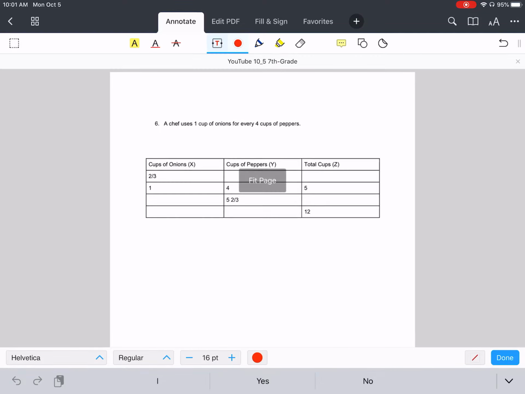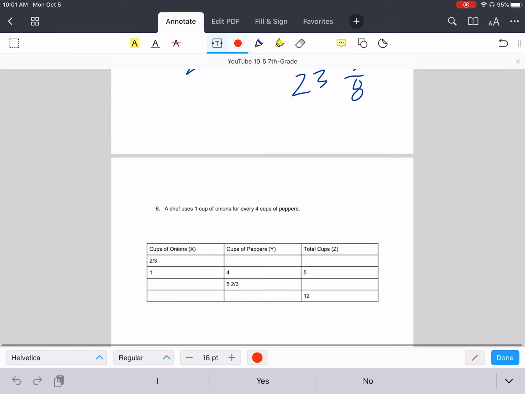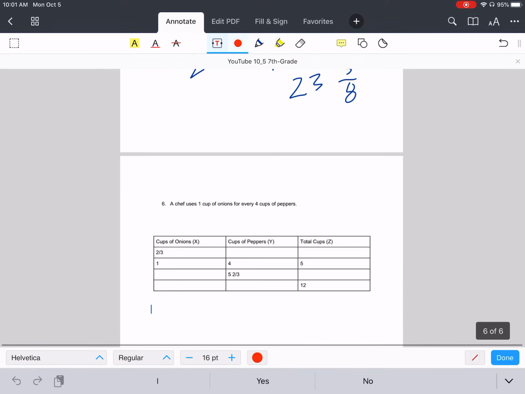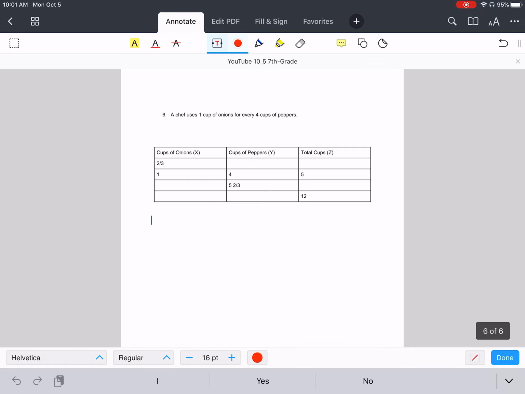So we're focusing on the whole number. We're going to write our equations just like we did up here. We see that x has a value of 1 and y has a value of 5. So x equals 1/4 of y. x is equal to 1. z is equal to 5. So x is 1/5 of z.